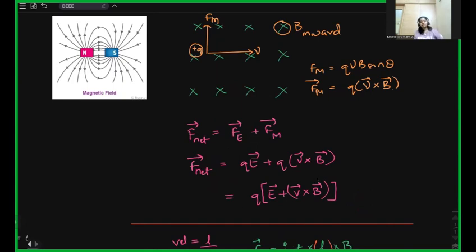While calculating this Lorentz force, we'll come across an important equation for our further derivations, which is Fm equals QVB. We are concentrating only on the magnetic field. Why are we doing that? Because a motor acts on the principle of magnetic field generation.